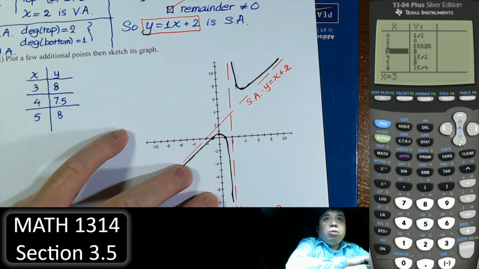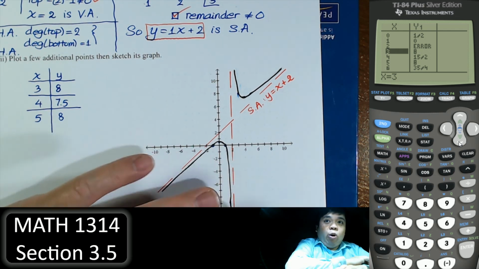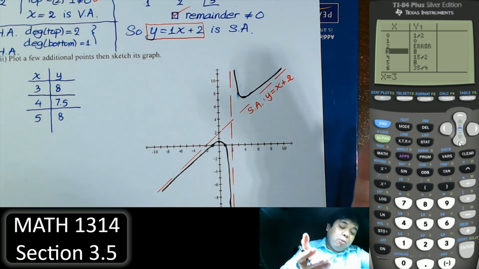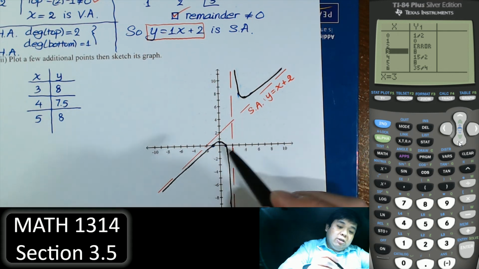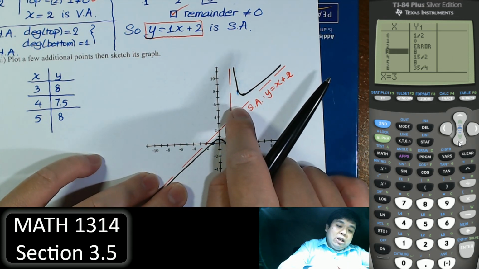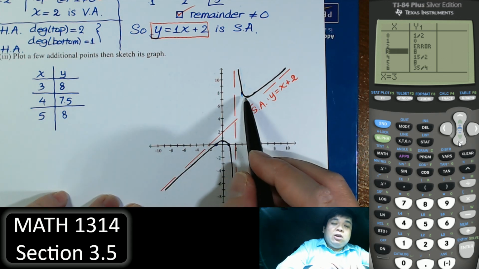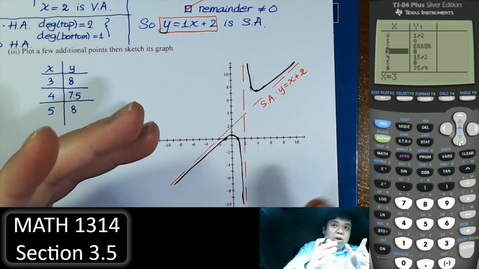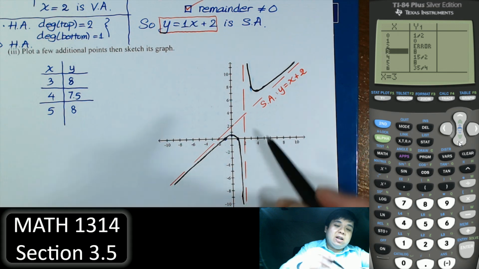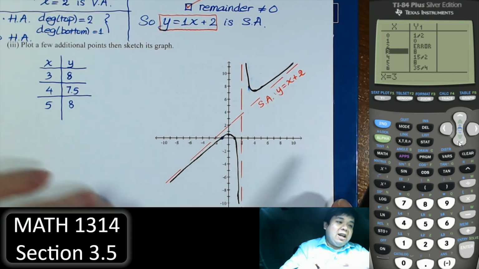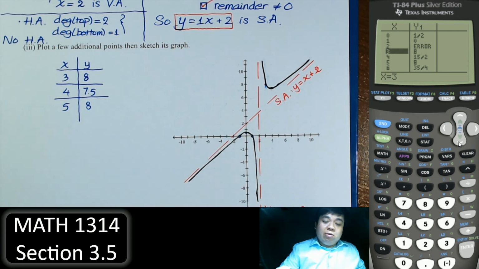So the asymptote will help us to get the frame of the graph. It is not part of the graph, so we know the asymptote is where the function approaches, and we need to plot a few more points just to get where the graph is. But other than that, that is the graph for that function.